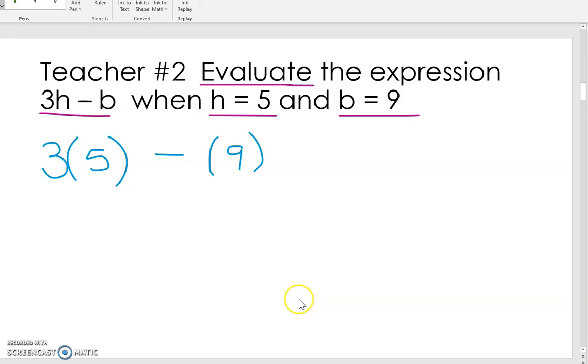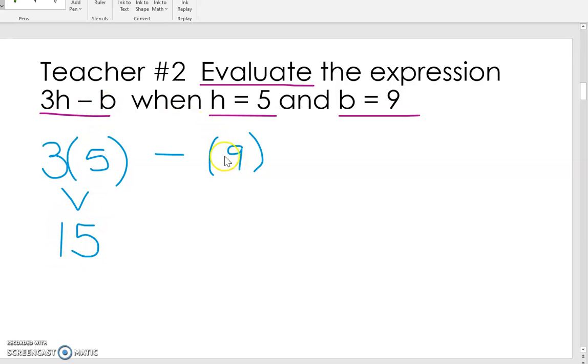By placing that in parentheses, that helps me to remember that if there was a number with my letter, that is its coefficient. Coefficients multiply whatever the variable equals. So in the first part of this expression, when we have 3h, that's really saying 3 times h, which means when I replace h with 5, this is going to be 3 times 5.